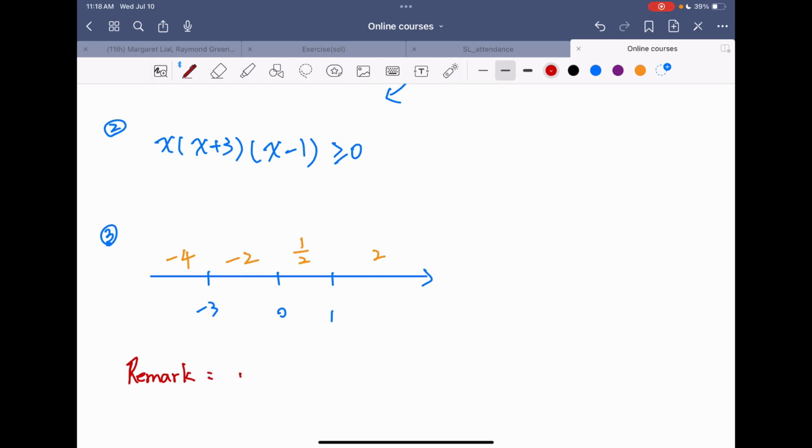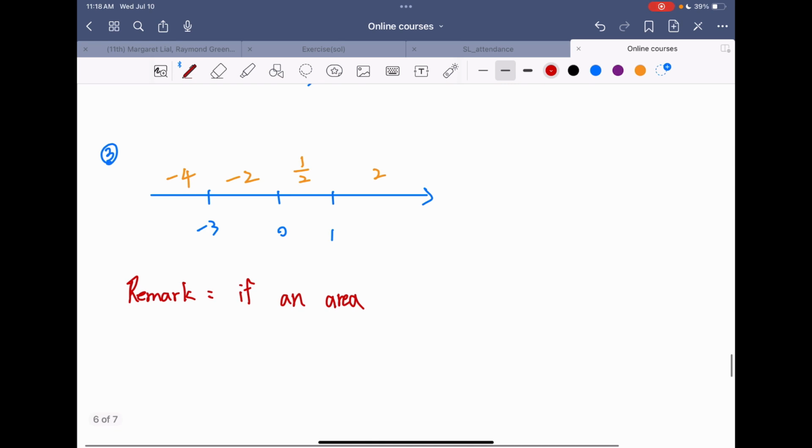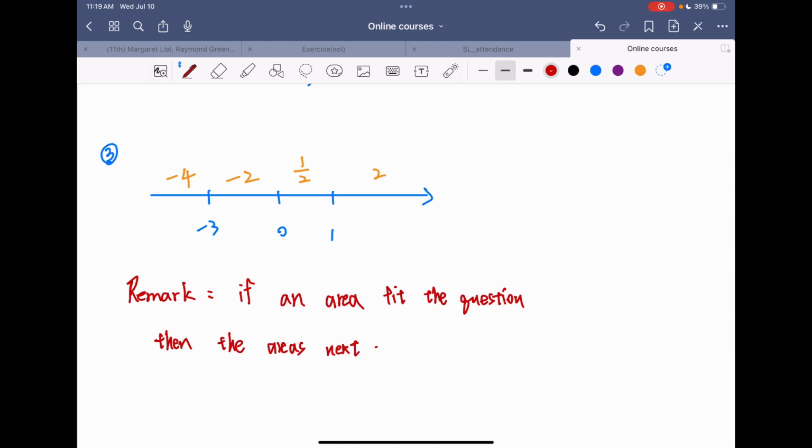If an area fits the question, then the areas next to it won't fit, which means if this area fits the question, these two areas won't, and this will fit.